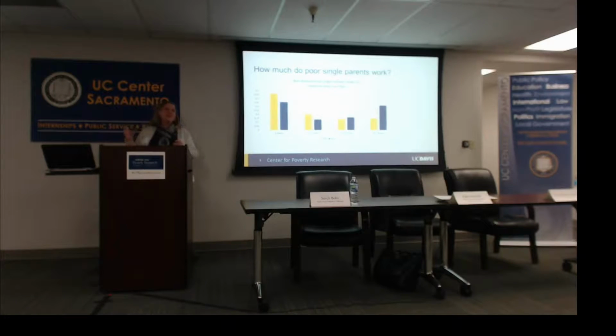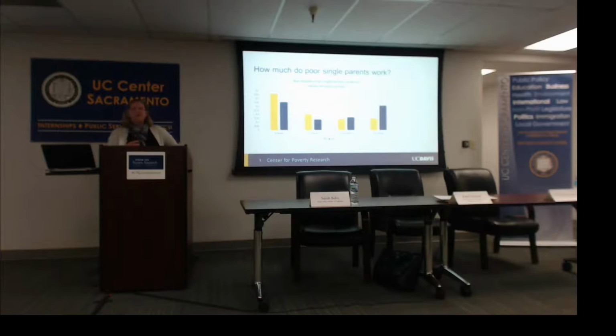Another interesting subpopulation of this work-eligible poor that I want to focus on a little bit today, because there have been some really critical changes over the past 30 years for this population, is the group of poor single parents. And here, there's something that's, I think, kind of remarkable that many people aren't aware of.